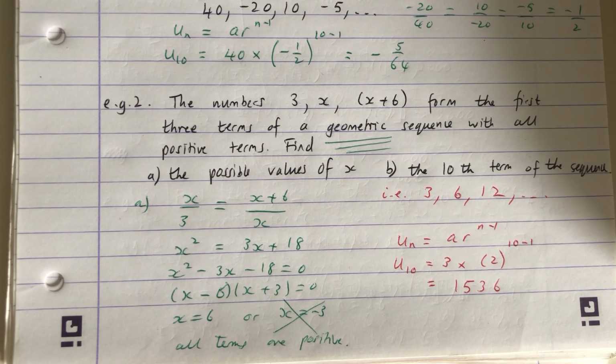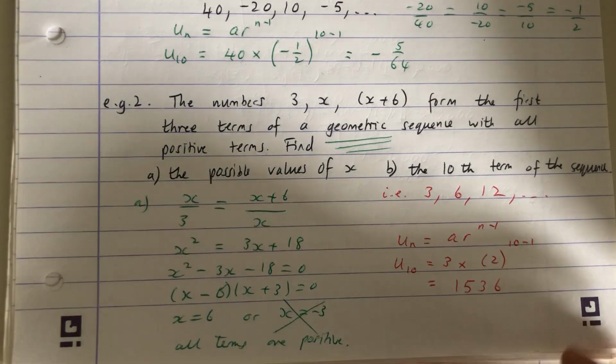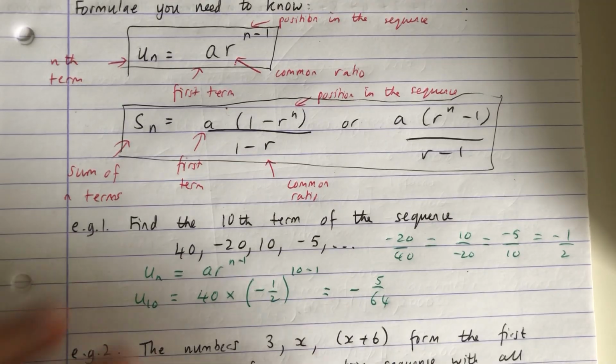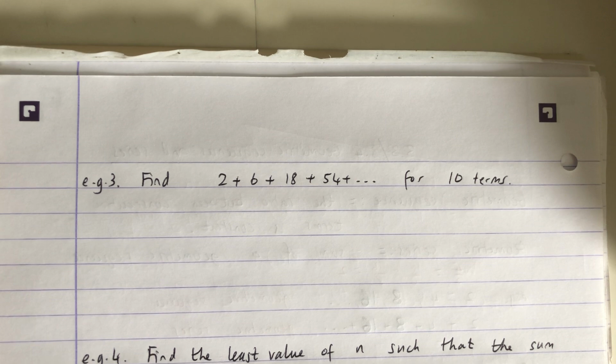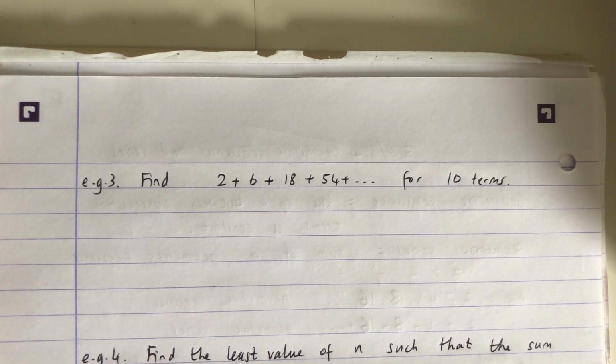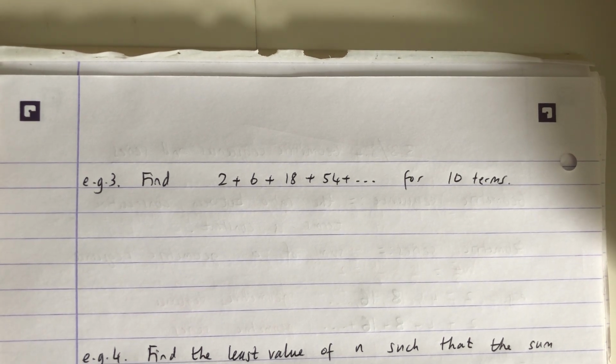And that would be some examples on finding a specific term. If you had to find other things, let's have a look at example number 3. So I'm going to find the sum of the first 10 terms of this sequence.